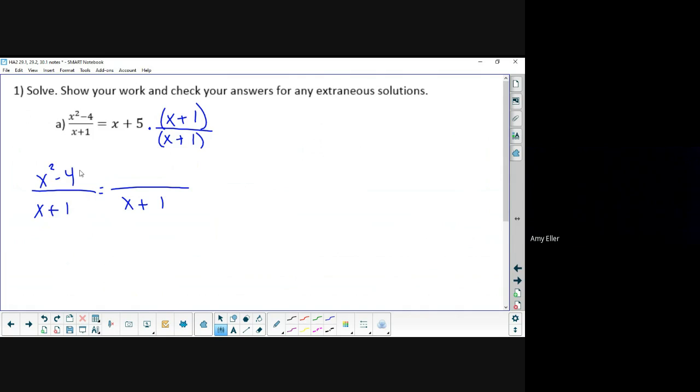Got nothing changing on the left. On the right, I'm going to have to do a little bit of distributing.